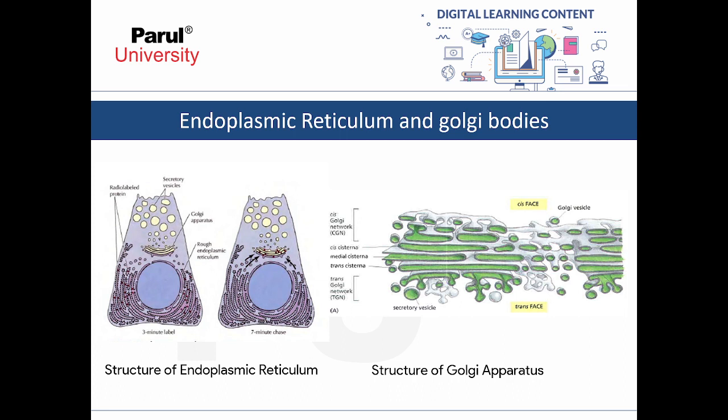Some of these containers are small spherical vesicles, while others are large irregular vesicles or tubules formed from the donor compartment. We will use the term transport vesicle here to apply to all forms of these containers.